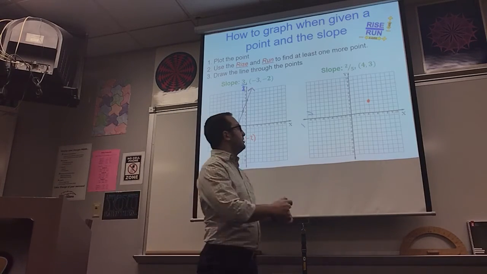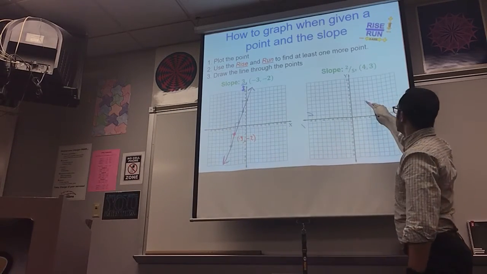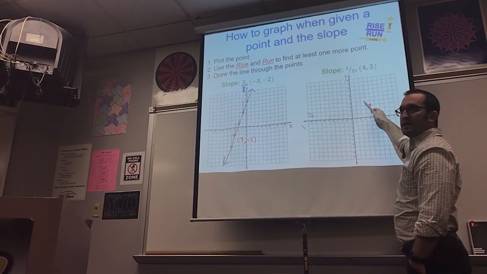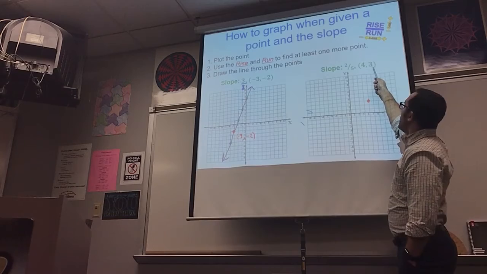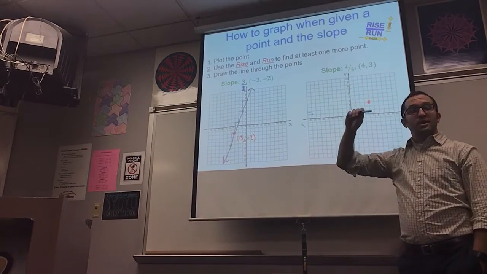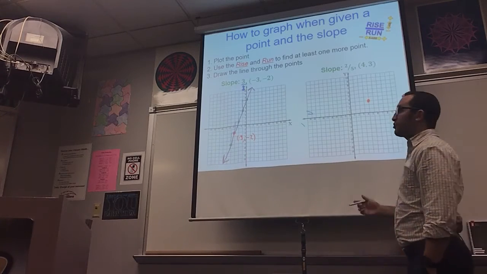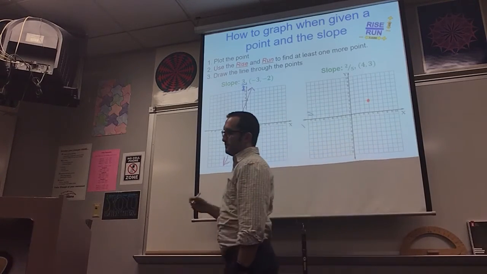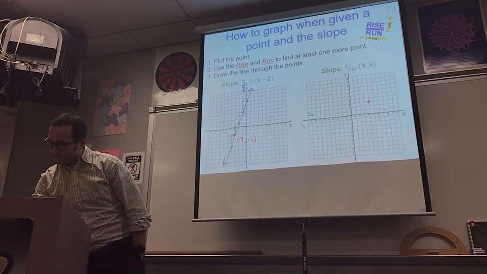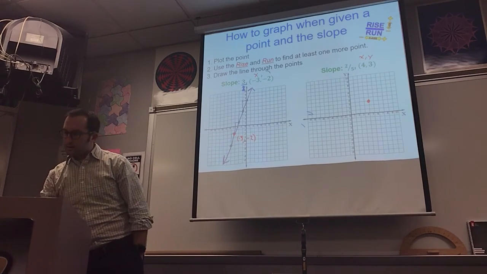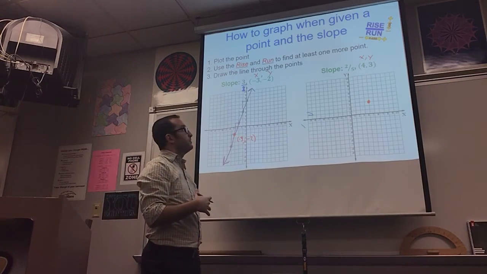A lot of people plot 4, 3 right here, because they confuse x and y with rise over run. So that's something to be aware of. Don't confuse the point, the ordered pair, which is x comma y, with our slope.